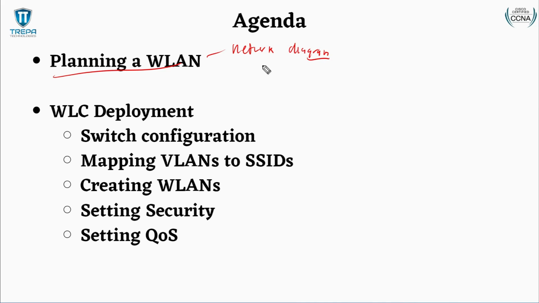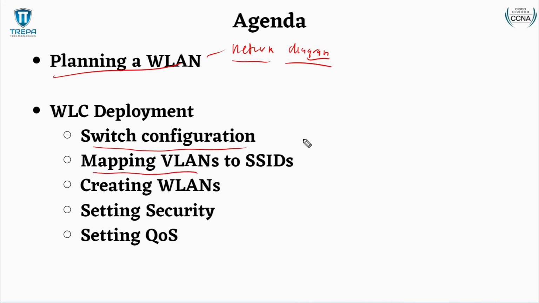We're just going over what a technician should be thinking about, right? And as that technician, you want to go over your network diagram, see what you're going to have to configure at your layer 2, your layer 3, see what SSIDs we're going to create, and maybe go over what basic security we're going to do. Again, that switch configuration. We're going to go over mapping VLANs to SSIDs.